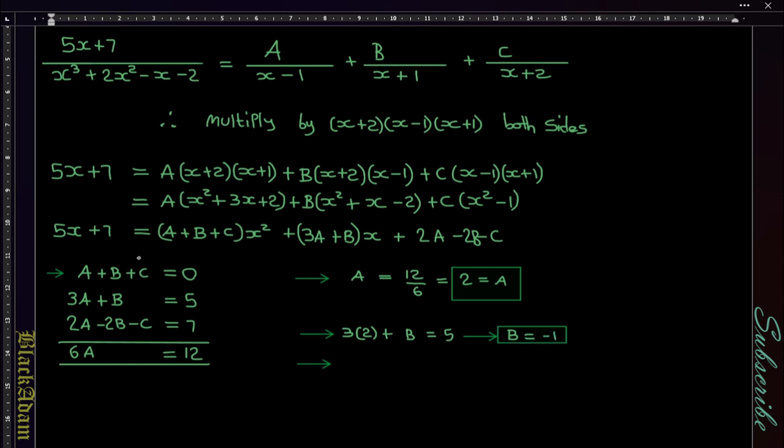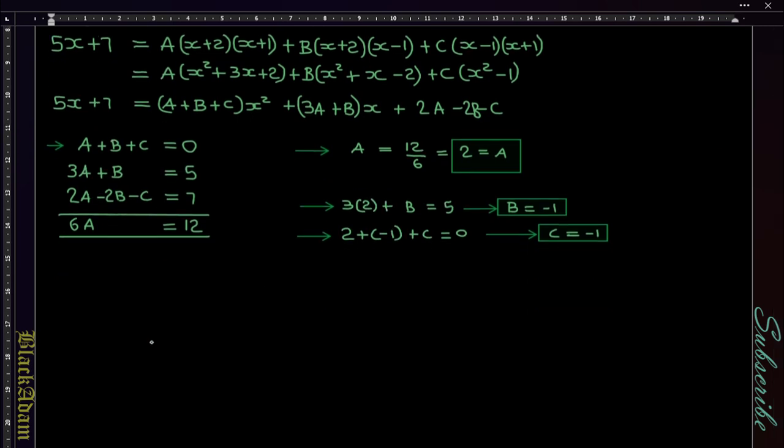Then a plus b plus c is equal to 0, so 2 minus 1 plus c is 0, and substituting, c is equal to negative 1. Now we have all the values that we want.